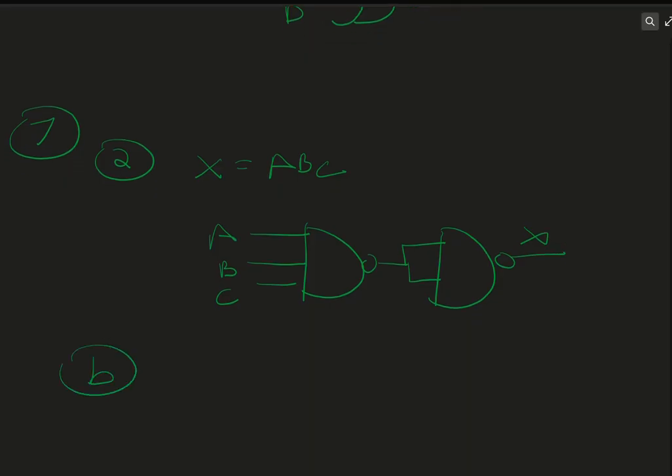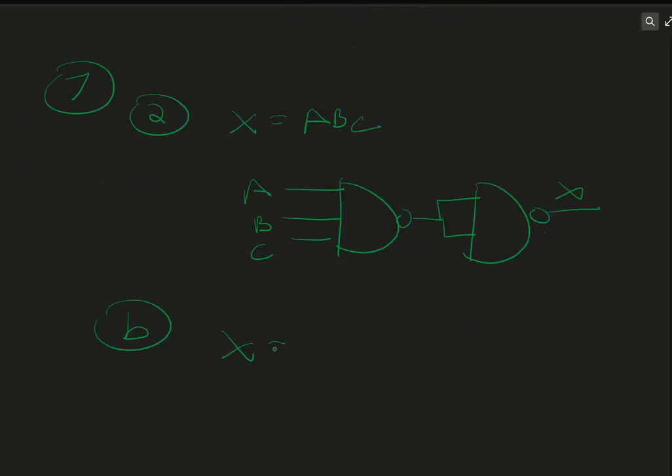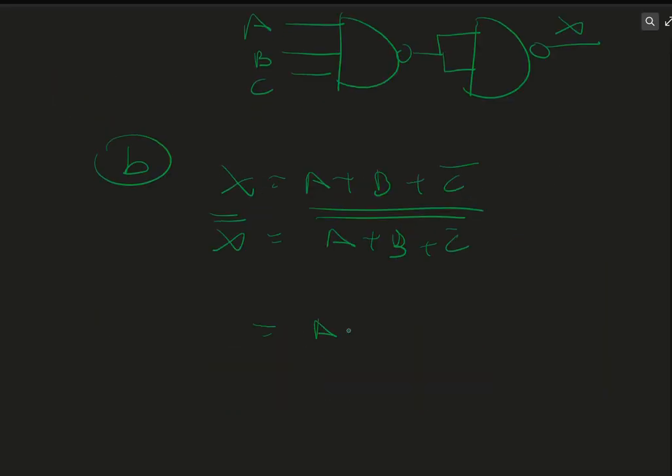For B we have to use x equals a plus b plus c bar. We have to use double bar. So a plus b plus c double bar, which is a into double bar into b double bar plus c triple bar, which is a into b plus c prime.